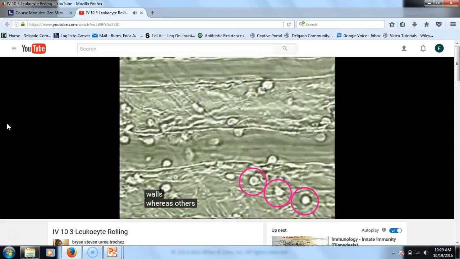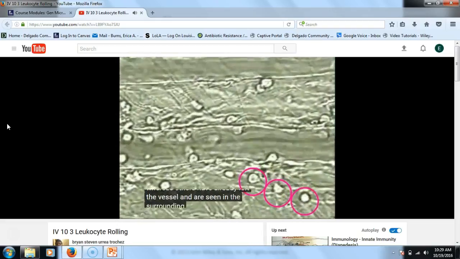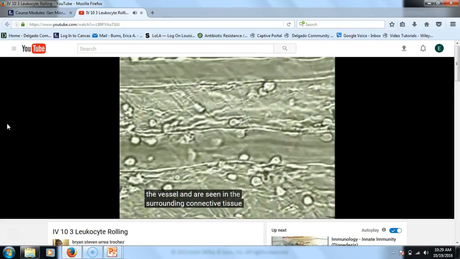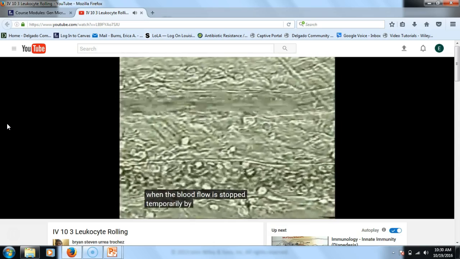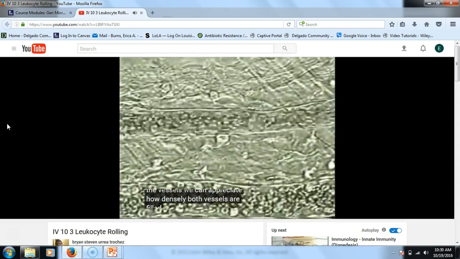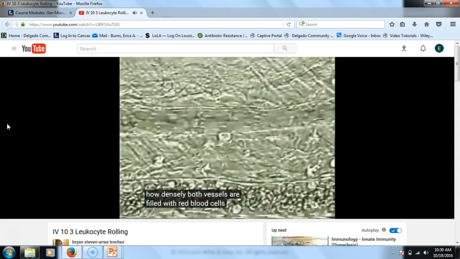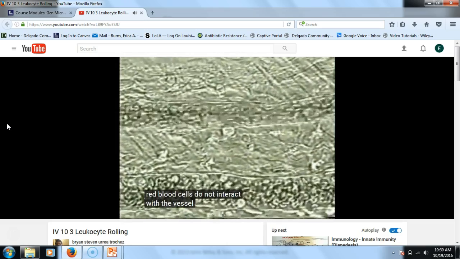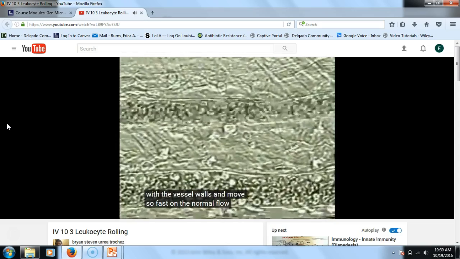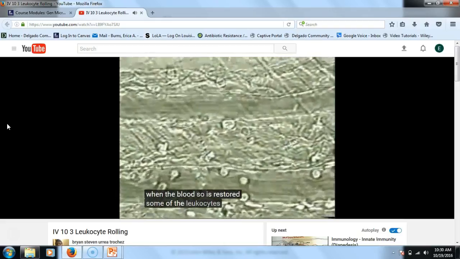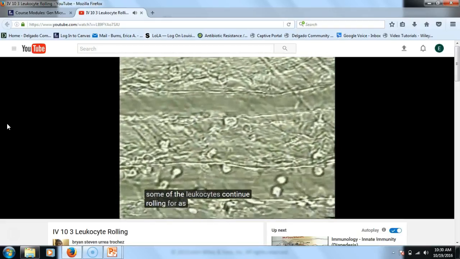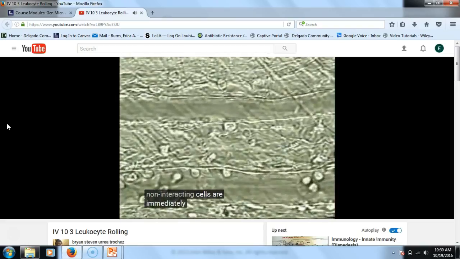Some leukocytes are firmly attached and are in the process of crawling through the vessel walls, whereas others have already left the vessel and are seen in the surrounding connective tissue. When the blood flow is stopped temporarily by gently clamping the vessels, we can appreciate how densely both vessels are filled with red blood cells. Red blood cells do not interact with the vessel walls and move so fast under normal flow that we cannot see them. When the blood flow is restored, some of the leukocytes continue rolling, whereas all non-interacting cells are immediately washed away by the shear.